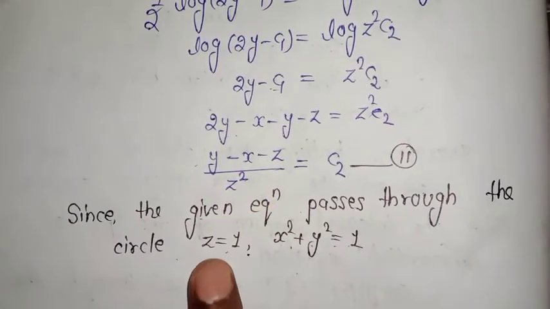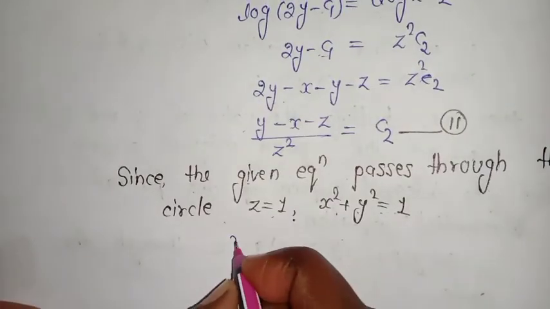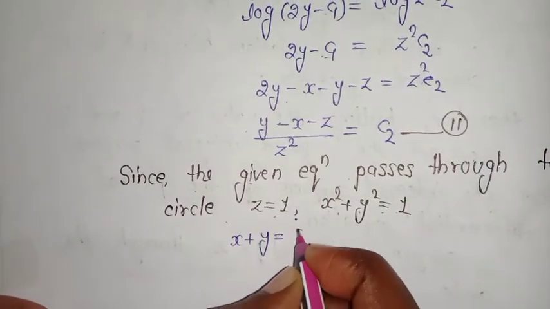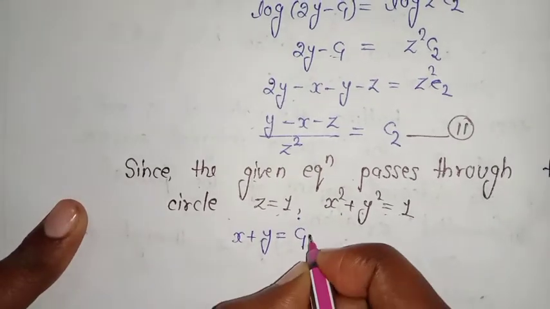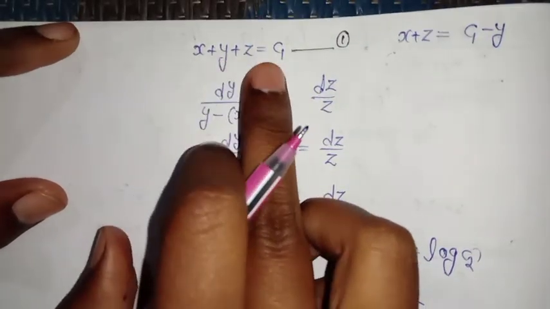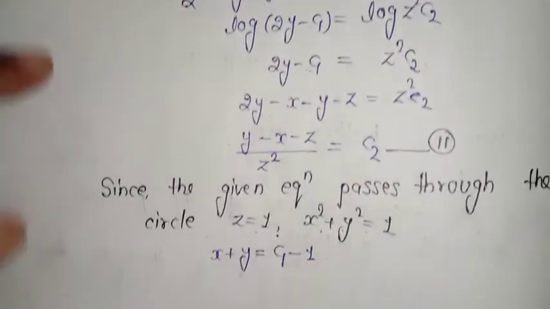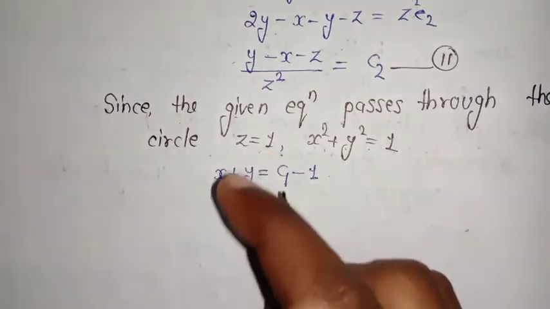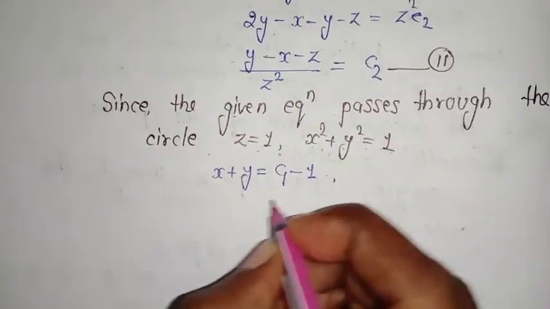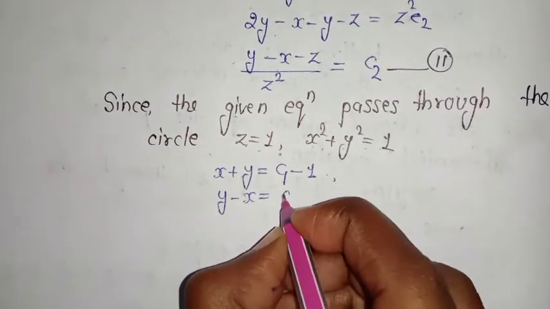So by putting the value of z into the equation number 1 and 2, the equations become x plus y is equal to c1 minus z, that is c1 minus 1, because z is 1 here. And if we use this z is equal to 1 in this equation, this gives me y minus x is equal to c2 plus 1.